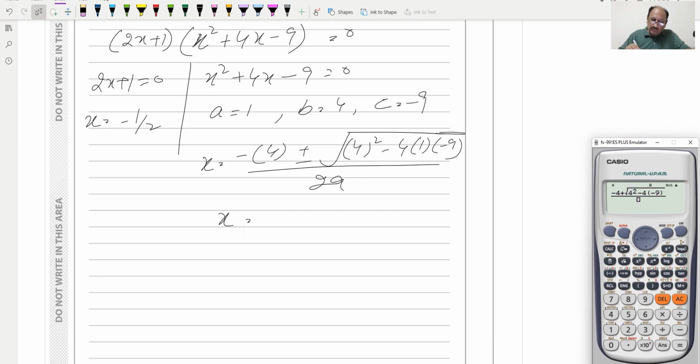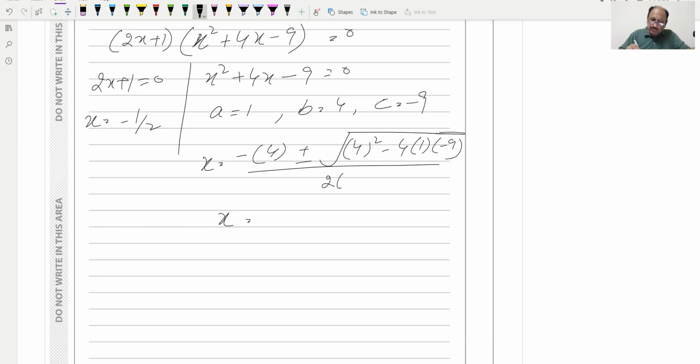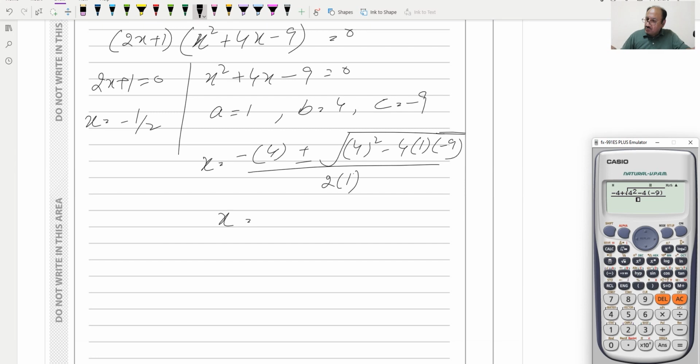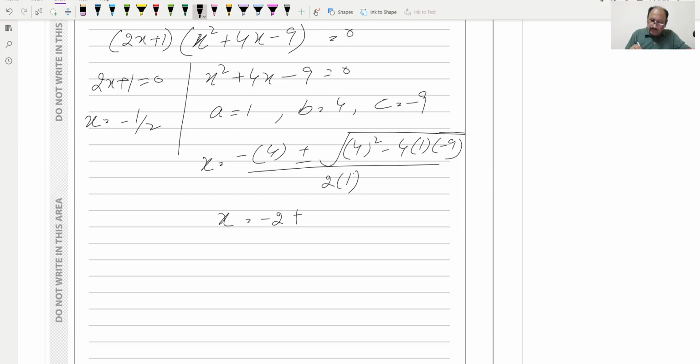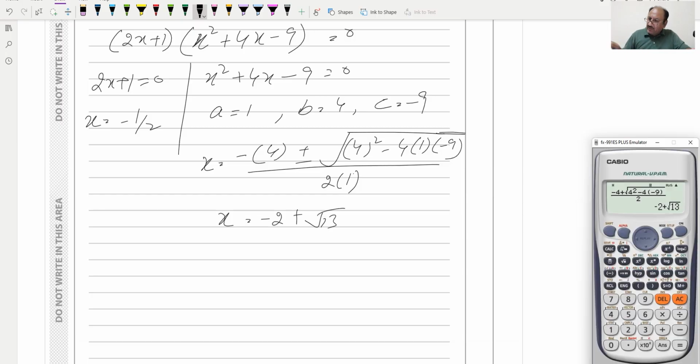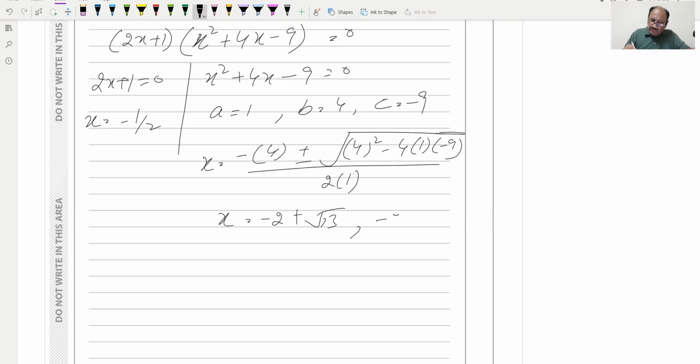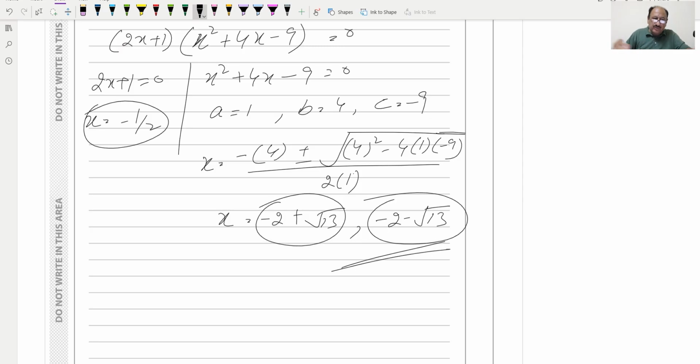The a value is 1, so we write 2 into 1, which is 2. So this will be equal to minus 2 plus root of 13. And the second value, if we replace this plus with minus, will be the negative value. So one value is this one, the second value is this one, and this is the third value. So we got these three values.